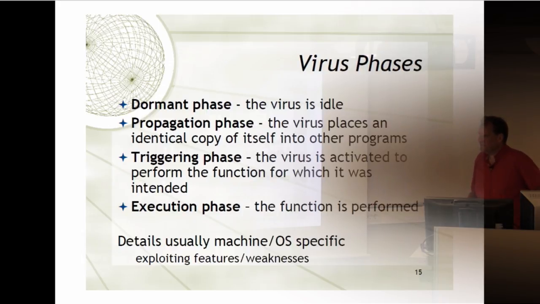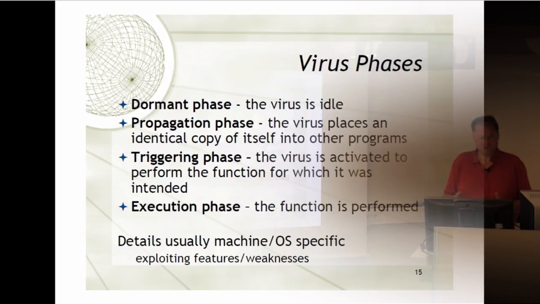A virus typically has different phases in its life. It starts with a dormant phase, and that is just as soon as it has spread to a new host, it stays dormant for a while. That is to try to not be identified. It will stay calm just to avoid being detected.